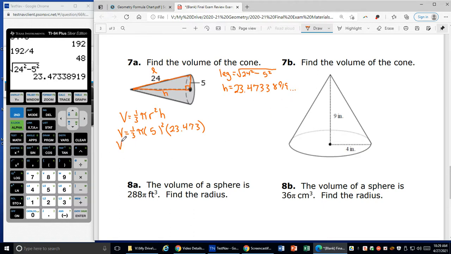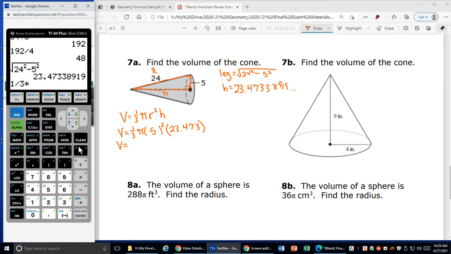All right, so my volume equals, because this is a rounded number, I'm not going to be able to get an exact answer, okay, because I've already got a rounded answer here. So I'm just going to put the whole thing in. 1/3 times pi times 5 squared times this whole big ugly number here, 23.47338919, multiplying by that whole thing.